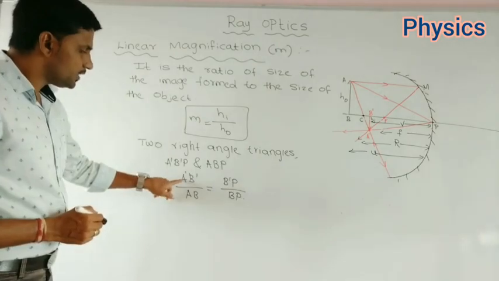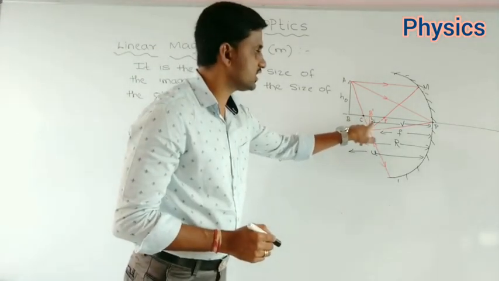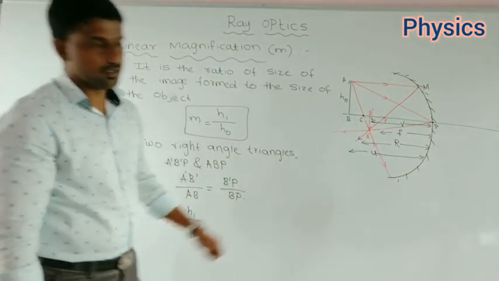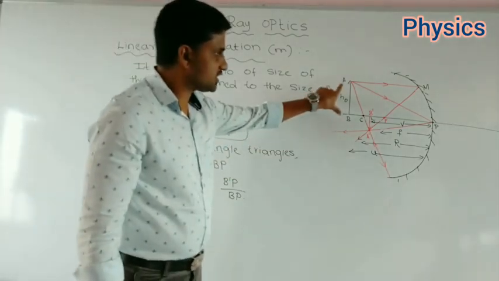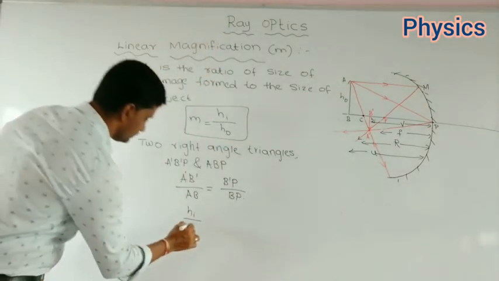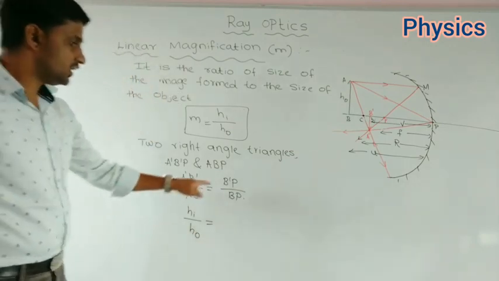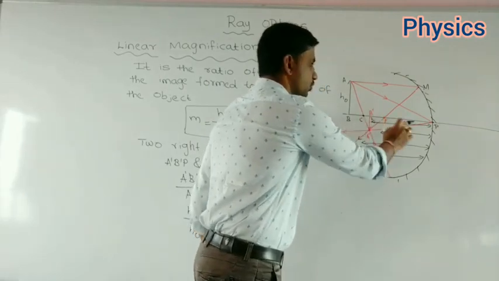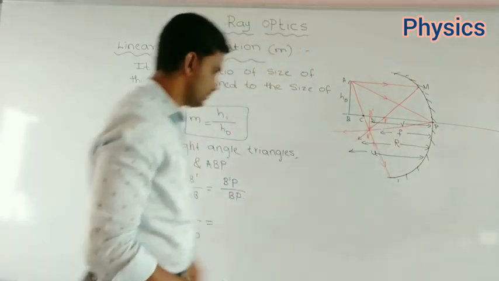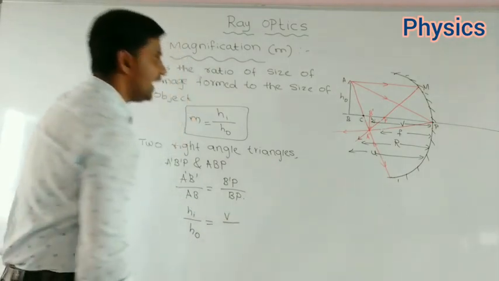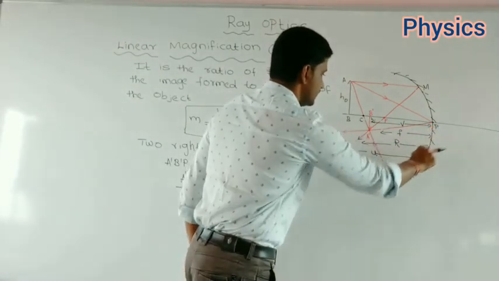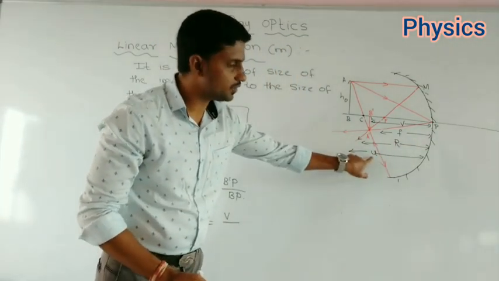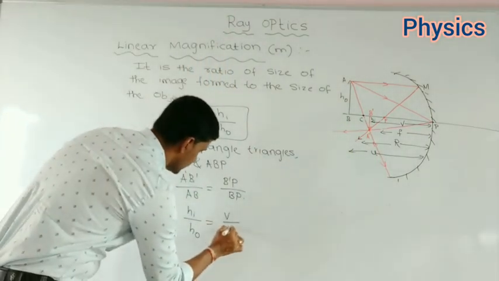Here A dash B dash is nothing but hi, the size of the image, divided by AB, which is the size of the object, h0. That is equal to B dash P, which is the distance from pole to the image, the image distance v. And BP is the distance from pole to the object, the object distance, which I am taking as u.